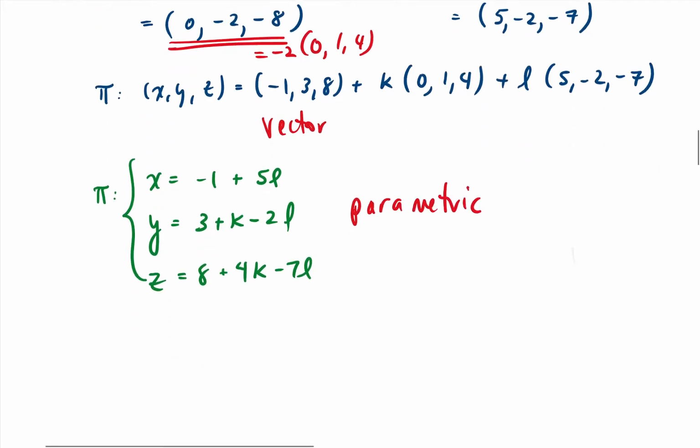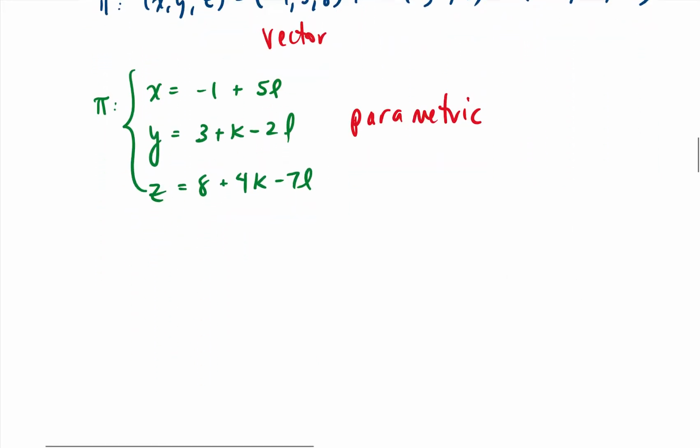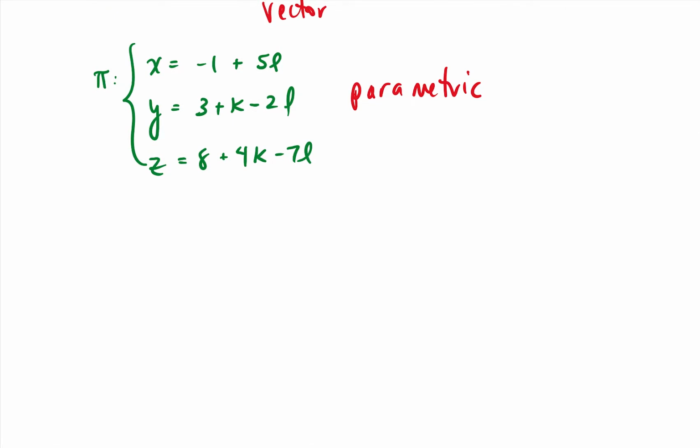And finally, it says to determine another point using the parametric equation. To find a point, all we have to do is let k and l equal some value. So let's say we let k equal 1 and l equal 1. Well, then we get that x is equal to -1 plus 5, which is equal to 4.